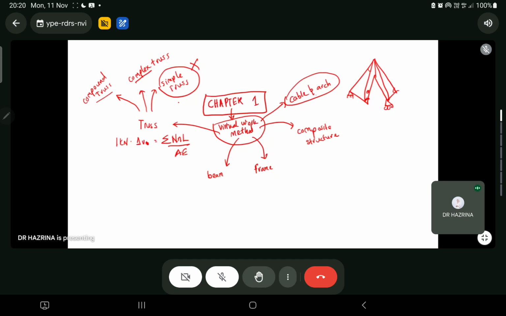And when we talk about the virtual work method for beam and frame, they have the same principle. They are related to flexural behavior. In beam and frame, remember, we are trying to look into the deflection.